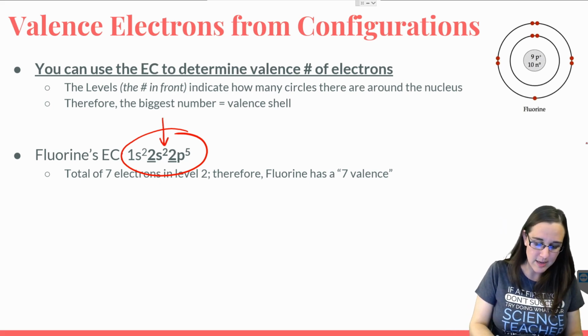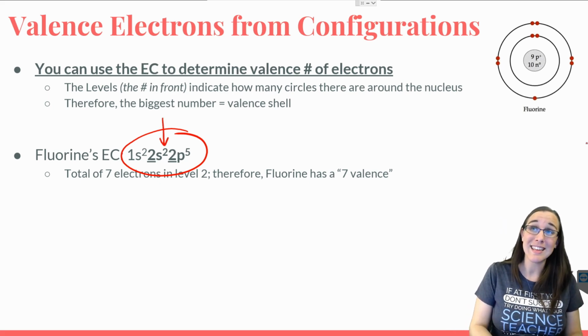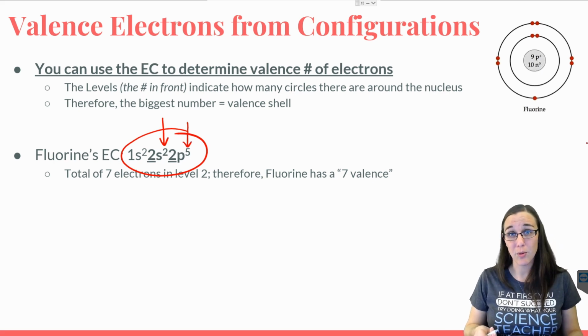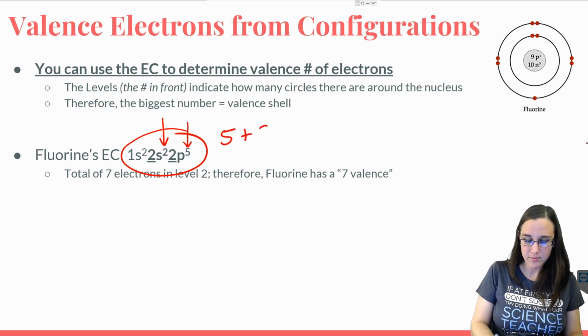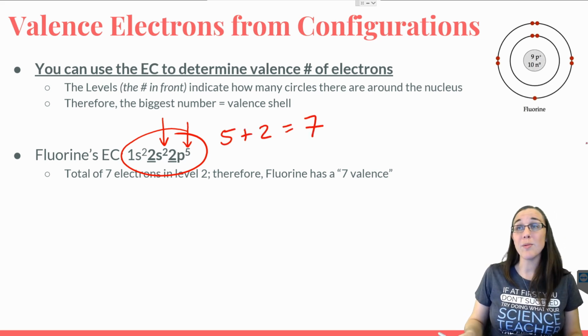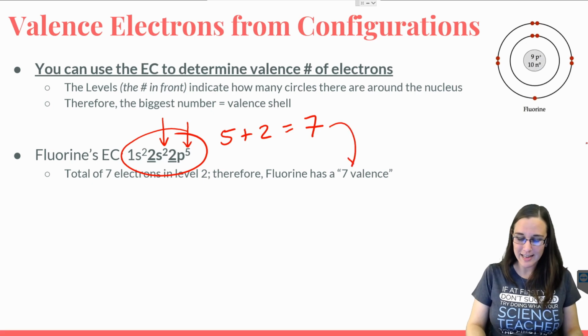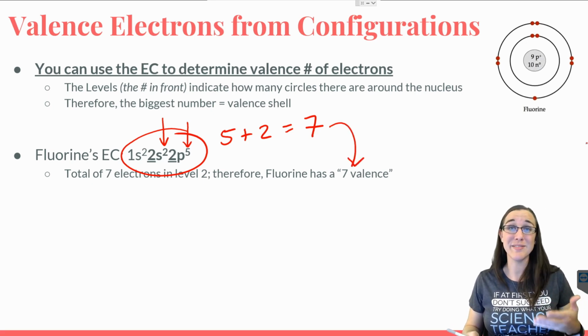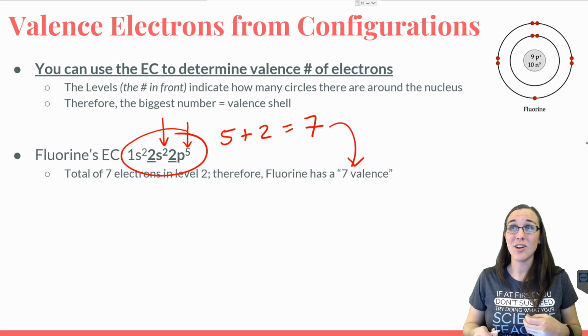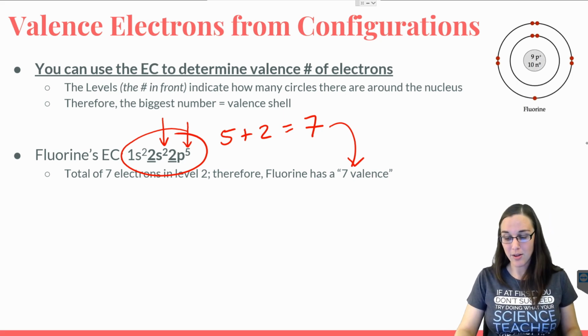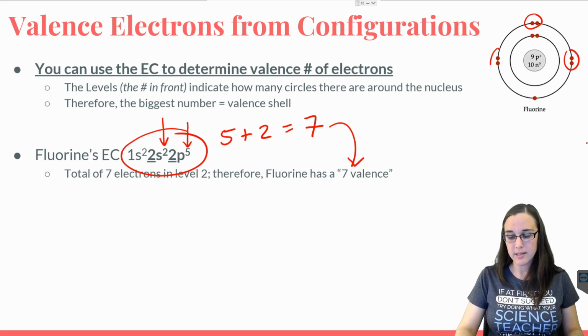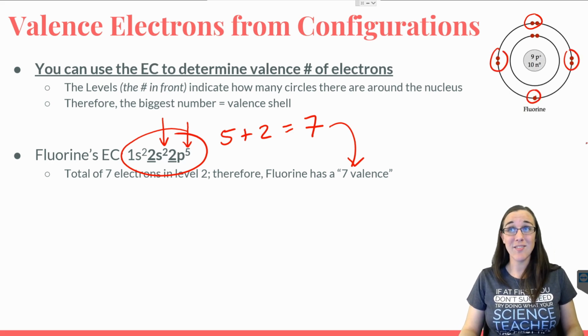So as you can see, we have 2 electrons in the S shape and 5 electrons in the P shape for fluorine. 5 plus 2 is 7. So what we say then is that fluorine has a 7 valence, or a valence of 7. It has 7 electrons in the outermost ring. You can see this also from the shell model in that we have 2, 4, 6, 7. 7 electrons in the outermost ring.